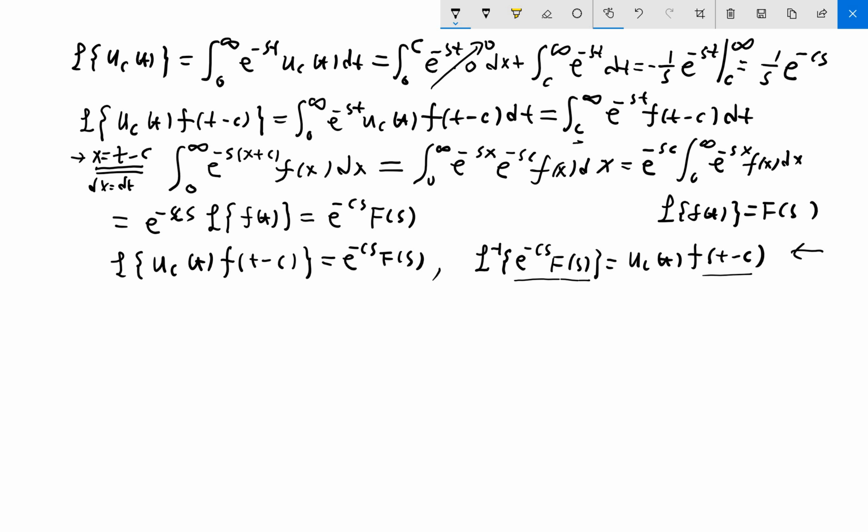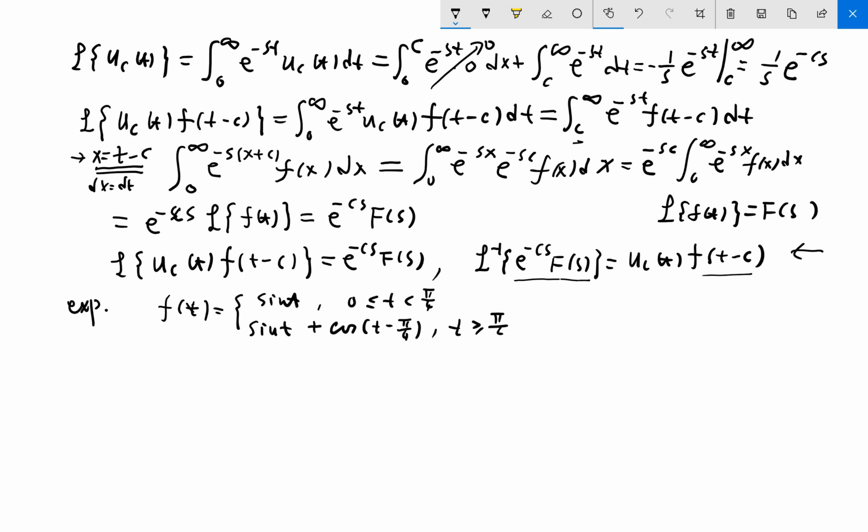Alright, now let's look at an example. We want to find the Laplace transform of this function. f(t) here is equal to sine t if t is bigger than 0 and less than pi over 4, and equal to sine t plus cosine of (t minus pi over 4) for t bigger than pi over 4.